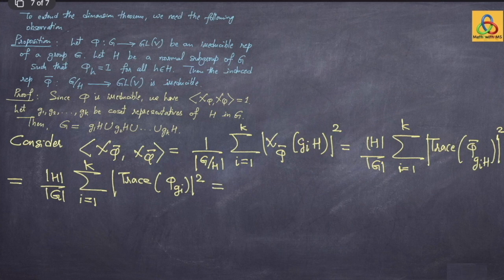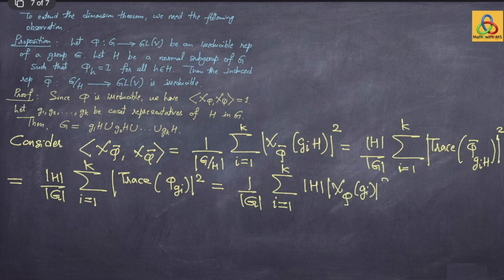Because phi bar acting on the coset giH is defined as simply phi of little gi. Now take this order of H inside, so I can write it as 1 by order of G, summation i from 1 to k, order of H times chi phi acting on gi mod square.